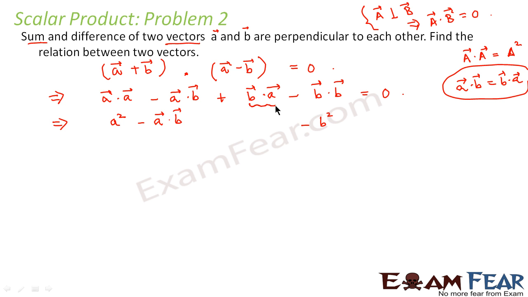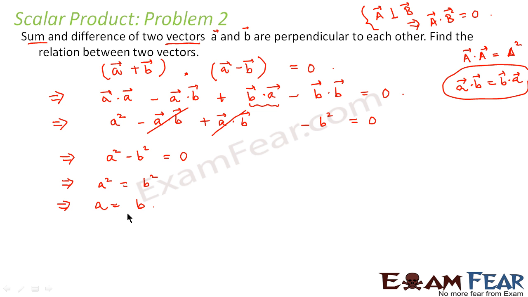So, instead of B dot A, we can write A dot B. Correct? So, this minus A dot B and plus A dot B will get cancelled. So, we are left with A square minus B square is equal to 0. That is, A square is equal to B square, or we can say A is equal to B.